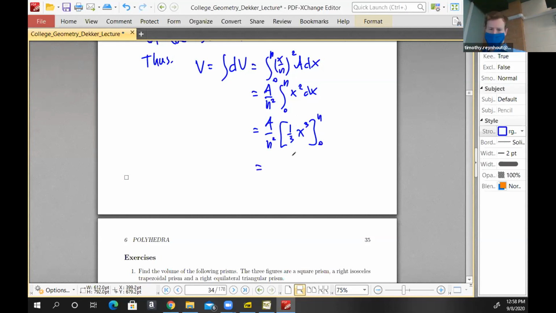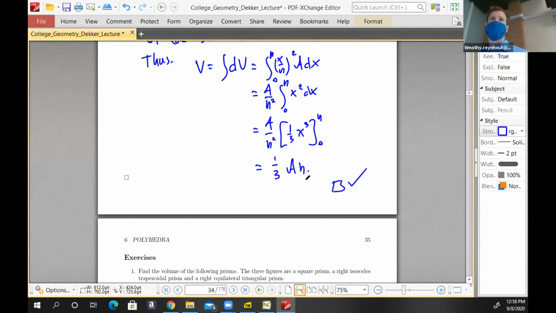Because I'm limited on room, we'll just say that evaluates to, skipping a step here, 1/3 A times h. When I plug in the h, I would end up with 1/3 h cubed. The h's would cancel, and you'd have A times 1/3 h. When you plug in 0, you'd have 0. So it's just that.